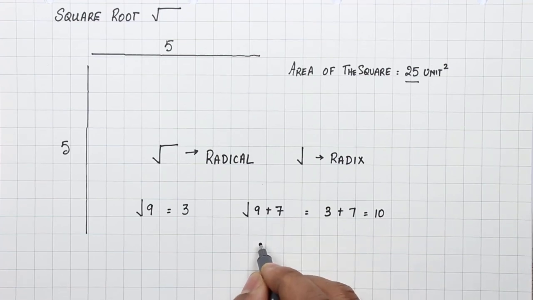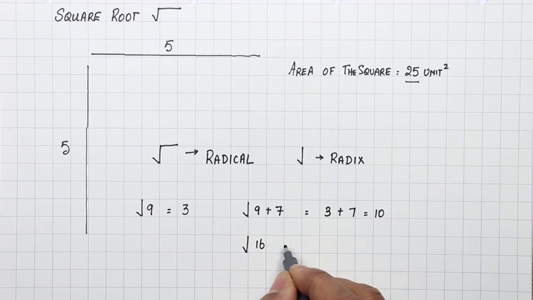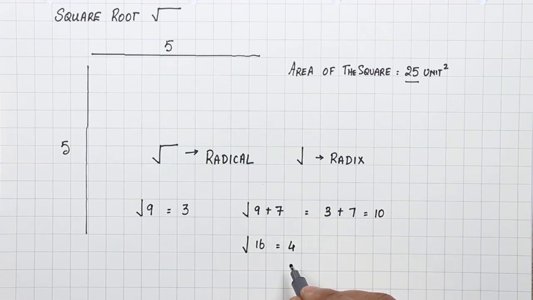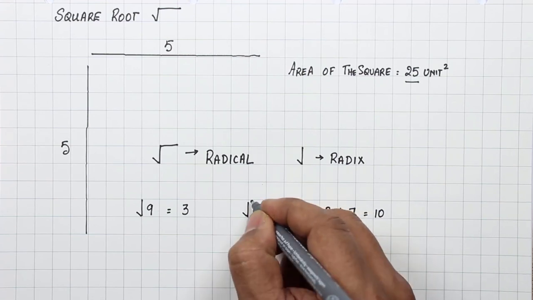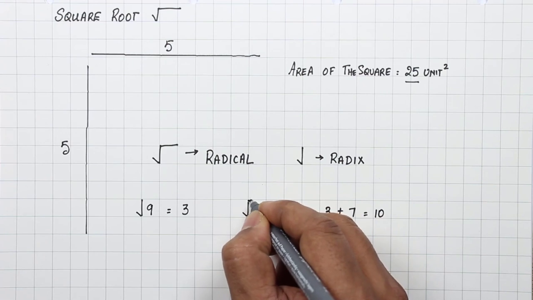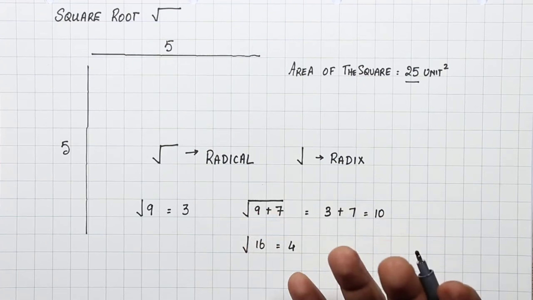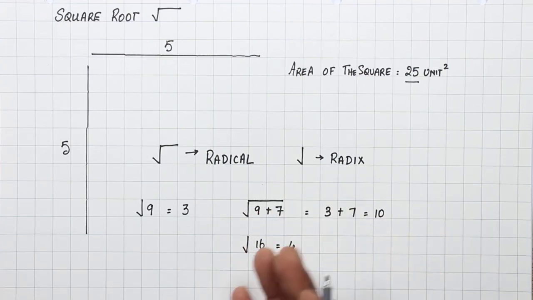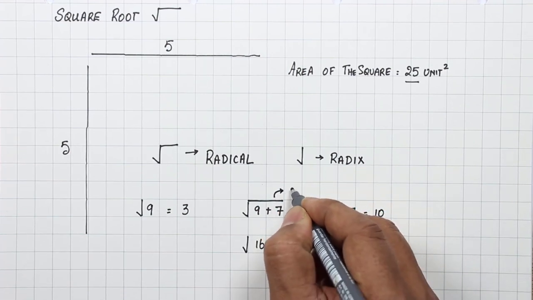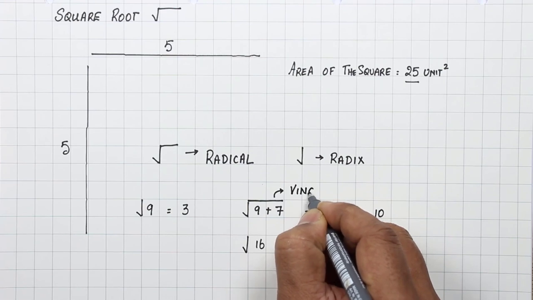If it is 9 plus 7 together, then it is the square root of 16, which will give you 4. Now which of these is correct? The question arises, should I consider the horizontal bar as well? This horizontal bar tells you whether to consider both the numbers together or not. This horizontal bar has a name, it's called the vinculum.